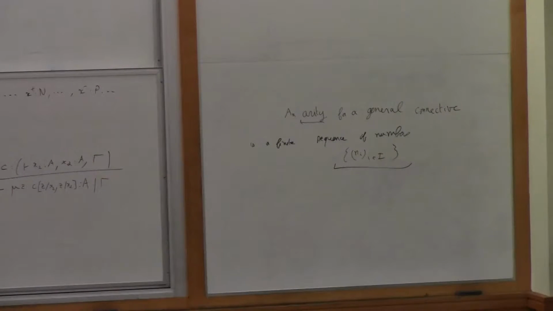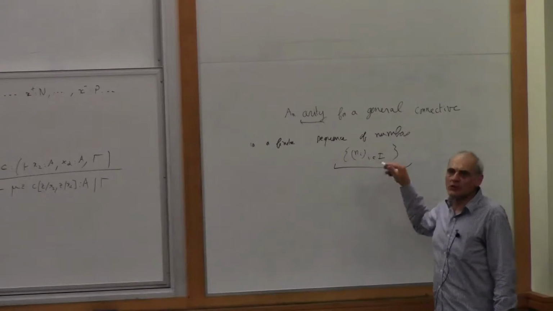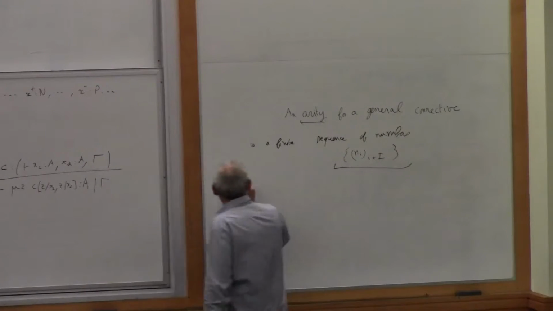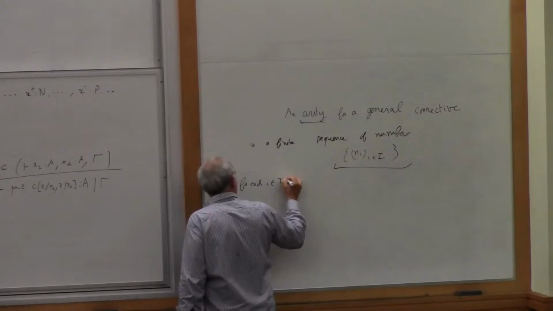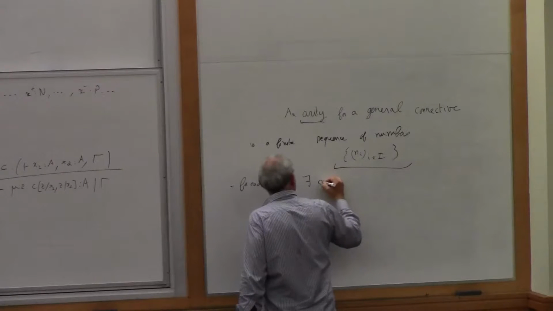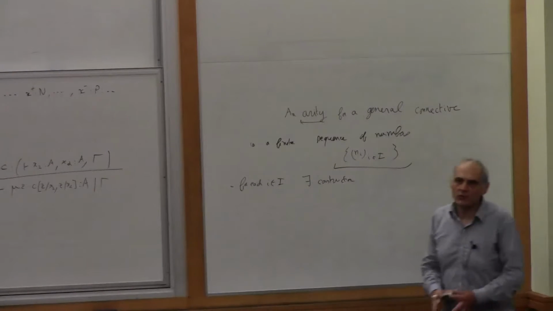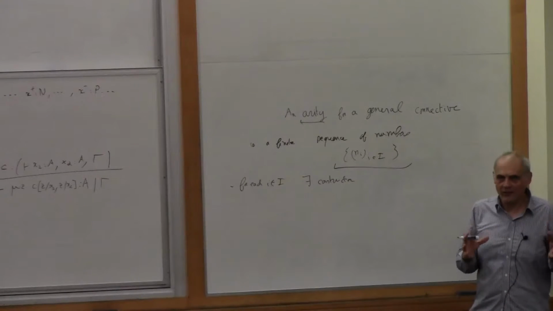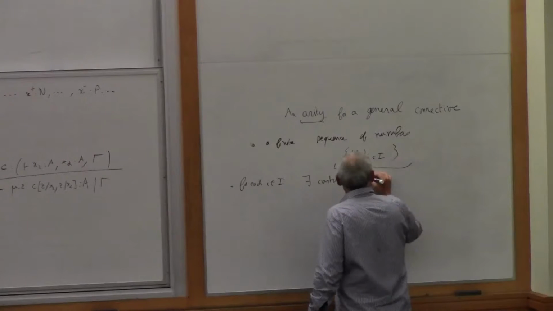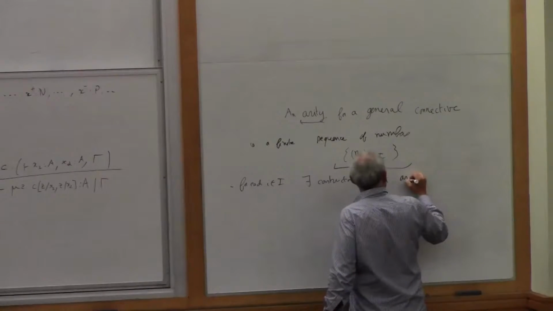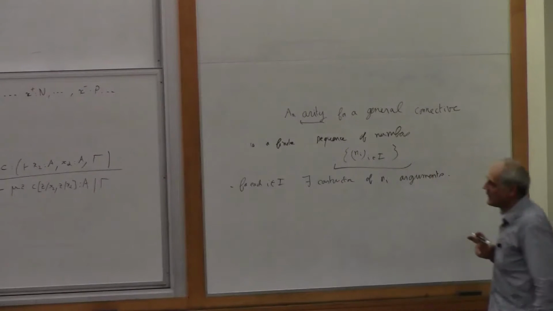Well, it indicates to me that for each i in I, there exists a constructor. And this constructor will have arity Ni. So it will take Ni arguments.